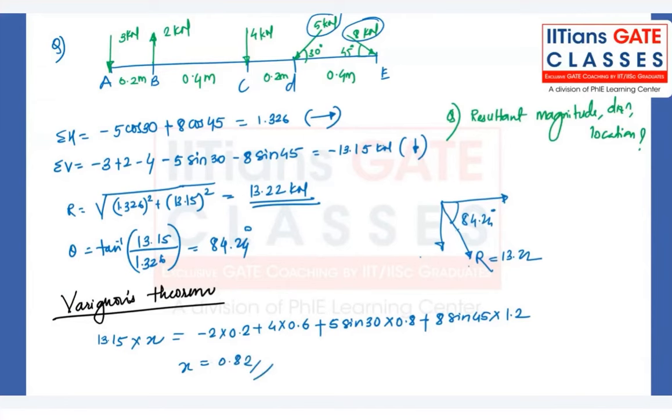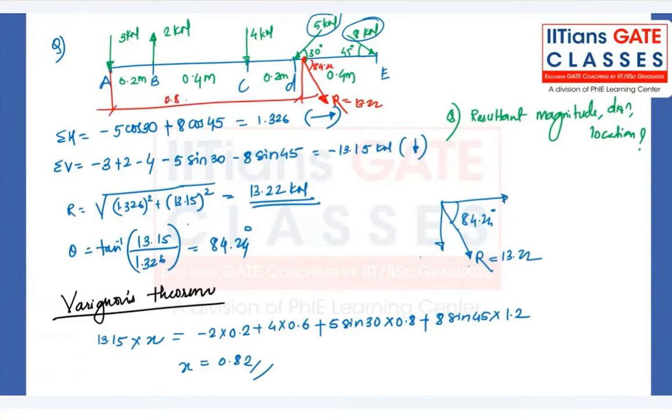So 0.8 is somewhere here, so 0.82 will be somewhere here. Somewhere here in this particular direction the resultant will be, whose value is 13.22 at an angle of 84.24, and this is at a distance of, let's say, 0.82 meter.